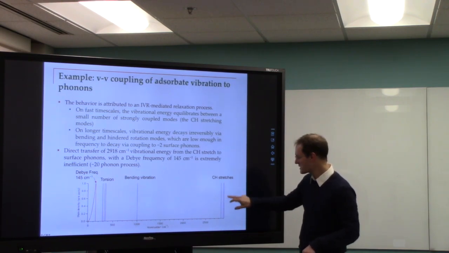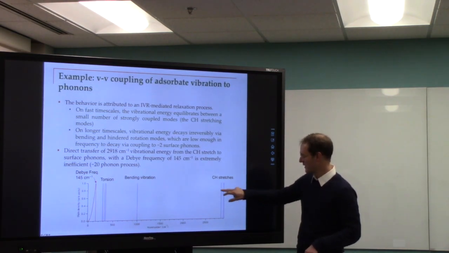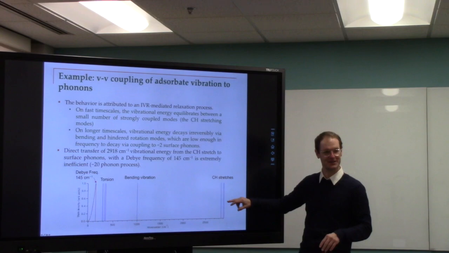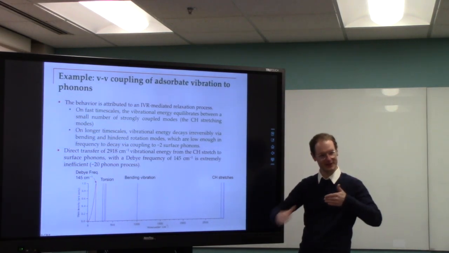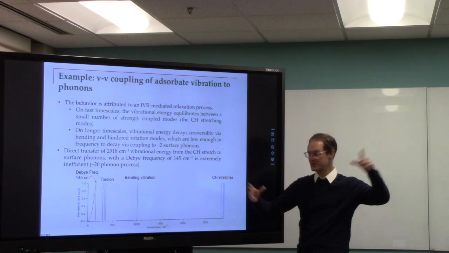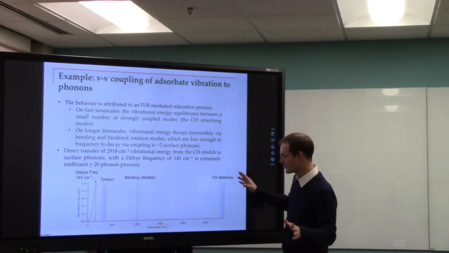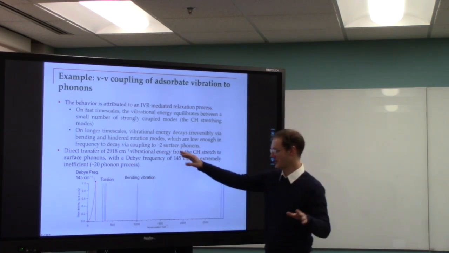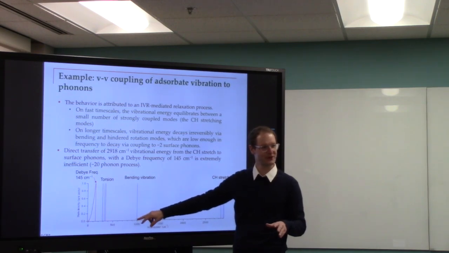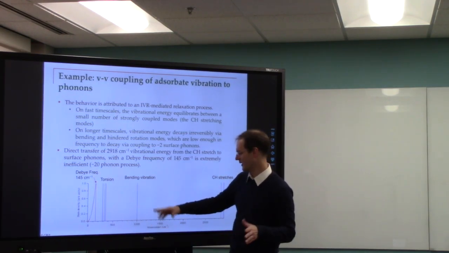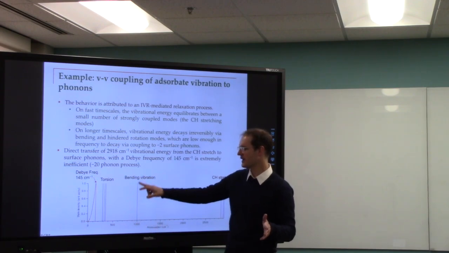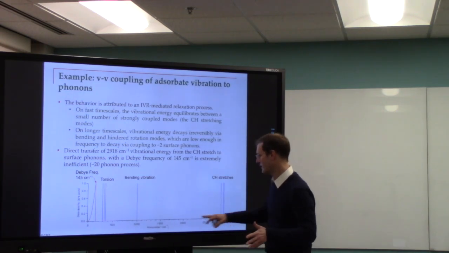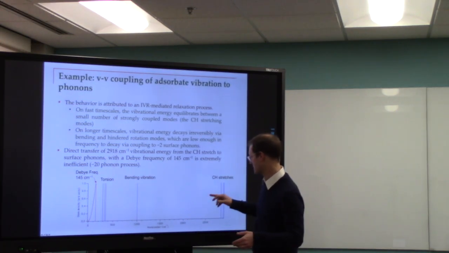These are not the exact frequencies of the molecule, it's just a cartoon picture for what's going on. On short time scales, the energy gets equilibrated between this small number of modes, so it doesn't decay irreversibly, but it decreases because it gets dispersed between different modes. On slightly longer time scales, the stretching motion can get coupled to things like bending vibrations, which have a frequency of somewhere around 1,000 reciprocal centimeters, right? The way it's drawn here, maybe it's a 3-to-1 process.